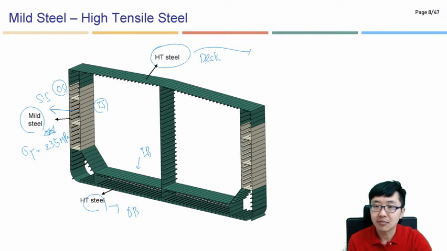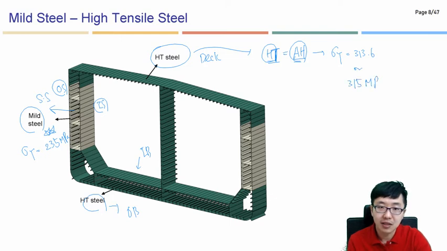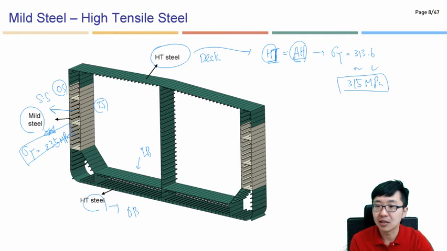At the same time, the high tensile steel, this is exactly the same as H. It looks like a different expression, but exactly the same meaning. This is the yield stress, 313.6, or in general we simplify it to 315 megapascal. So those two values are not the same, which means that this is much better than the mild steel.